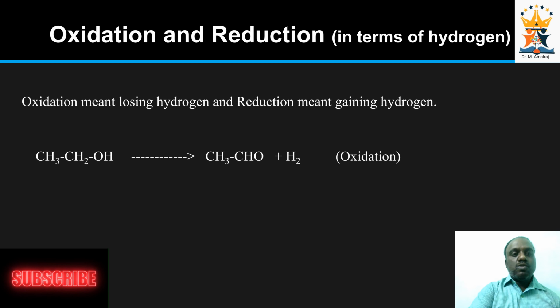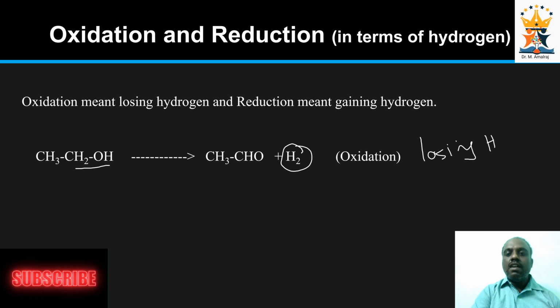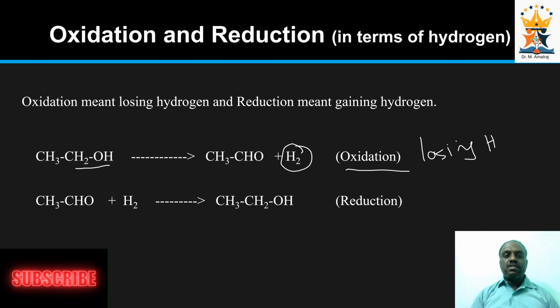Look here, ethanol loses the hydrogen molecule. Losing hydrogen is nothing but oxidation. On the other hand, if a species accepts hydrogen, that is, if it gains hydrogen, then it is said to be reduction. So the reverse reaction is reduction. The forward reaction is oxidation and the reverse reaction is reduction.